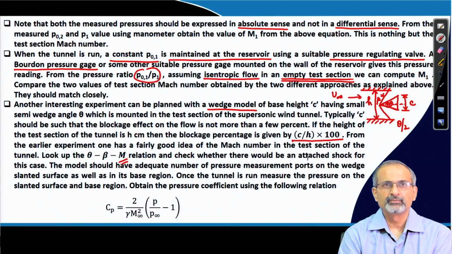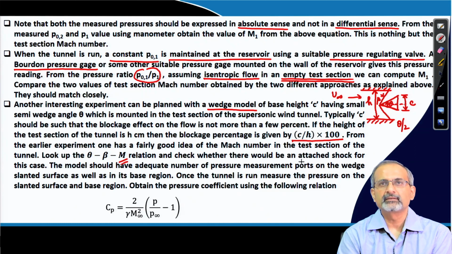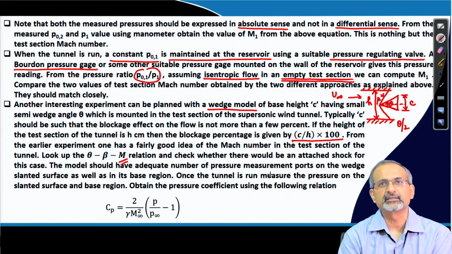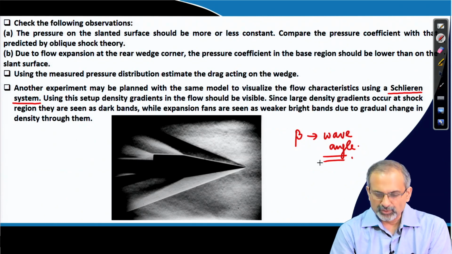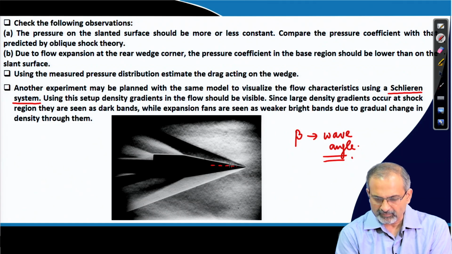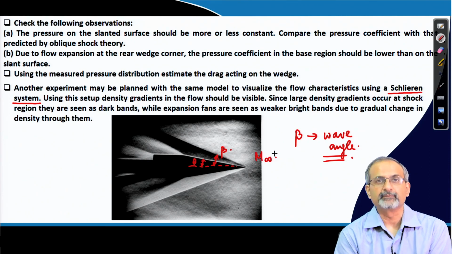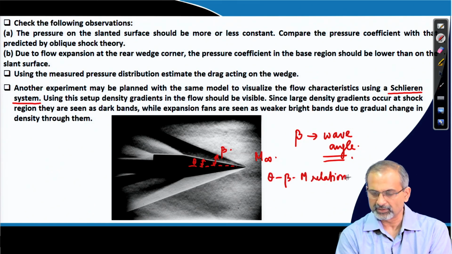Well, one process of obtaining it could be that you use a flow visualization technique, which is the Schlieren visualization, which you might employ. Through direct measurement, you should be able to assess the M infinity again by using your theta-beta-M relation, as long as the wave is attached.